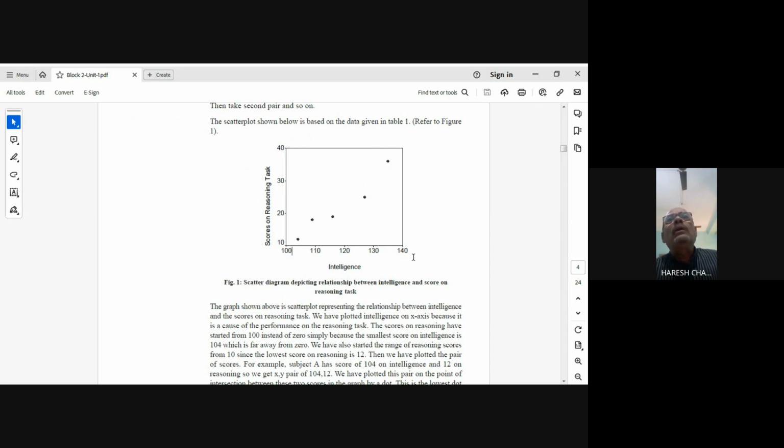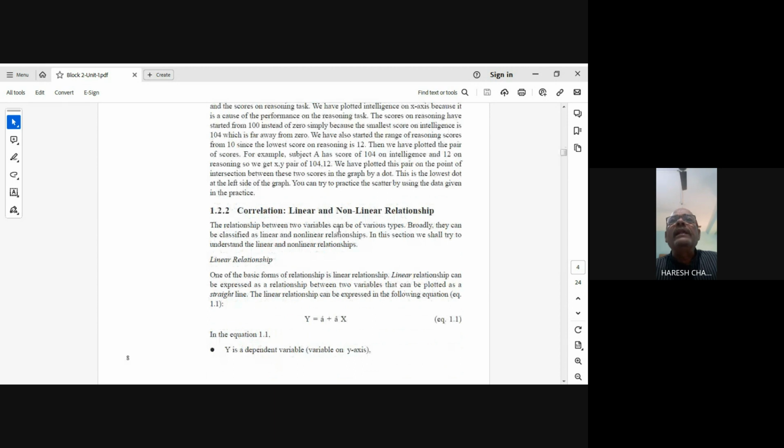Two, negative correlation, where the movement is from upward to down. Three, no correlation, when it is all scattered and there is no specific relationship. And when it is like a U or a reverse U, it is a non-linear correlation.